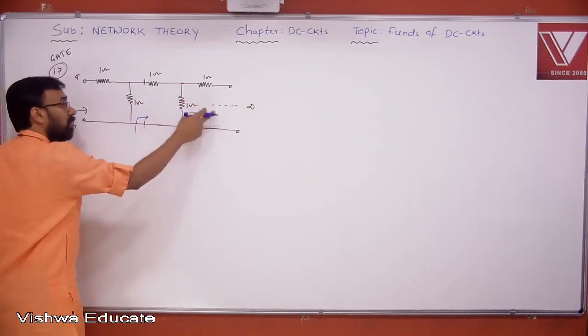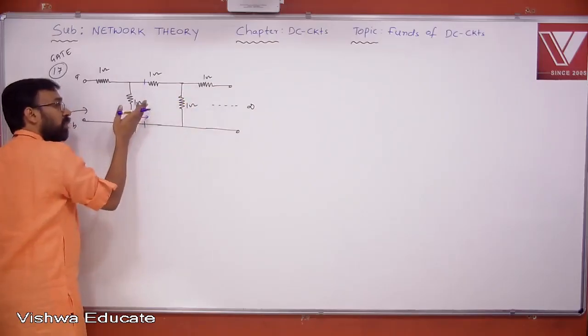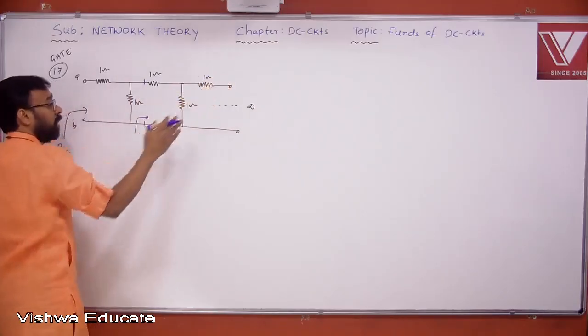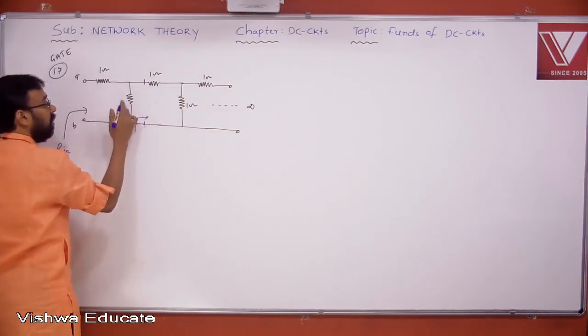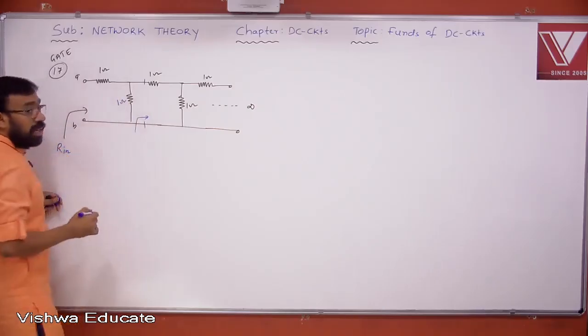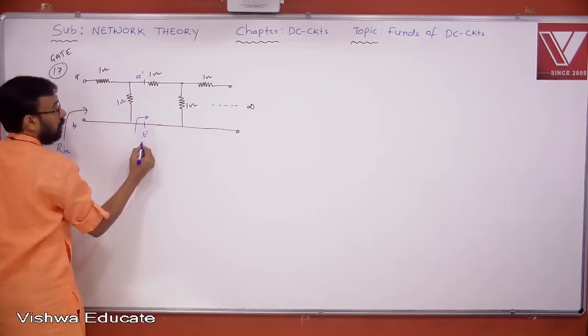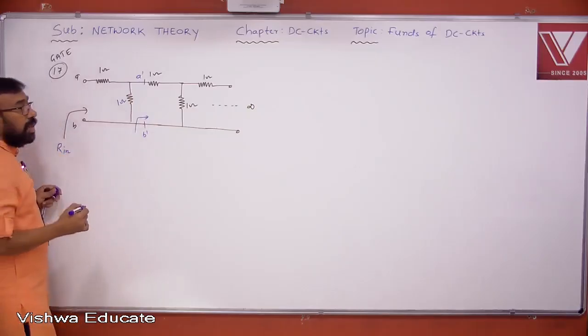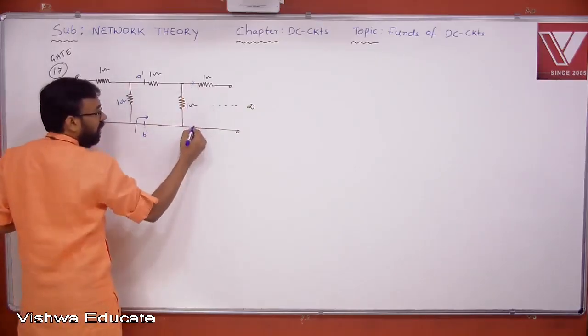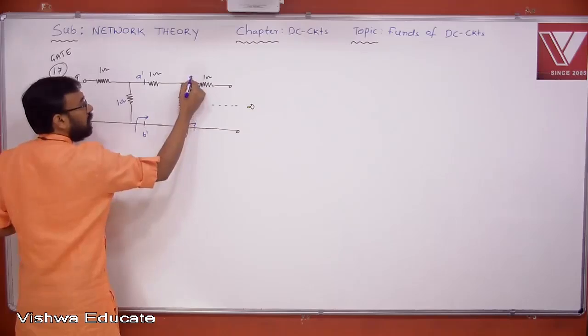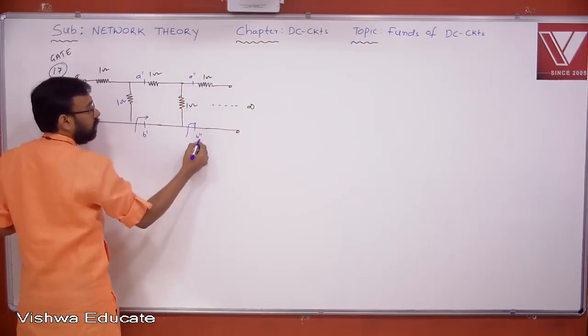Say 1 1 1 1 1 1. If I look into the network through these two terminals, I am able to see the same network. Let me draw this 1 ohm here. Yes or no? That means the terminals are getting repeated here. A dash, B dash. I think you see the same network even here also. What is this? A double dash and B double dash.